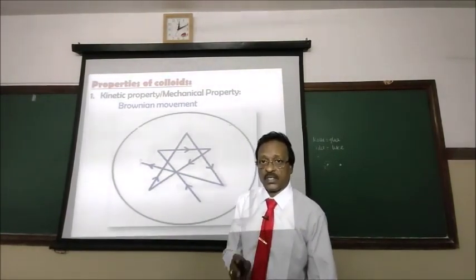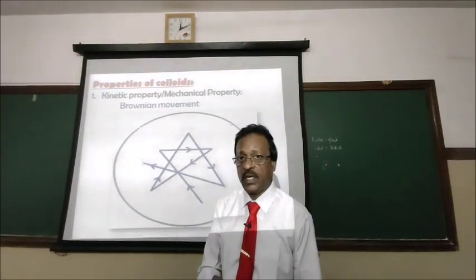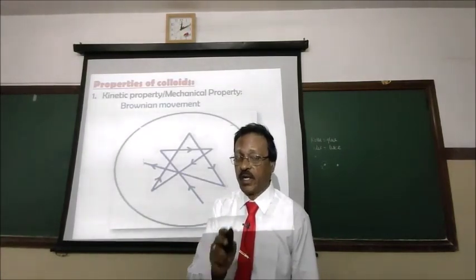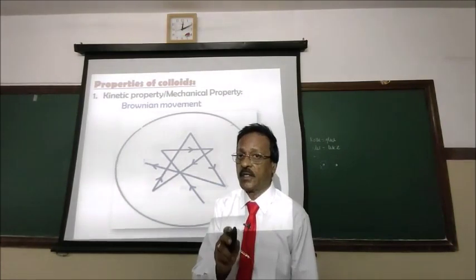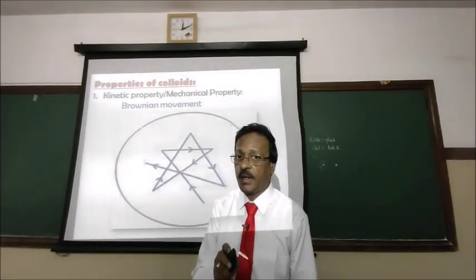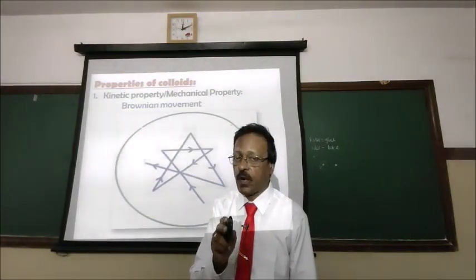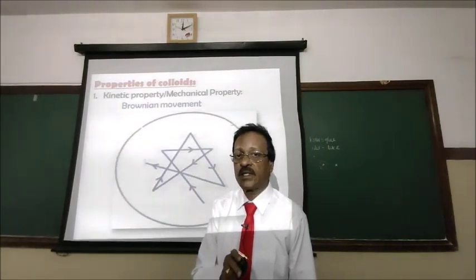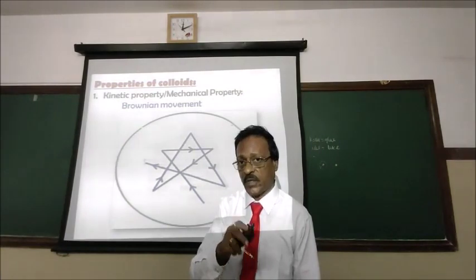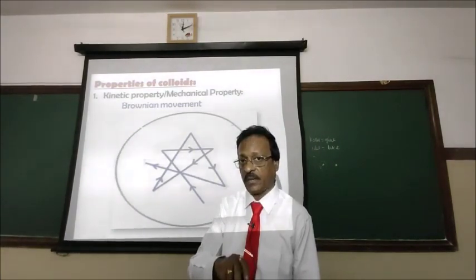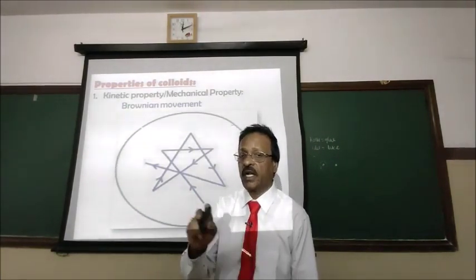Zigzag, non-stop, and continuous movement of the colloidal particles in the dispersion medium is called Brownian movement. This Brownian movement is an example of kinetic property. Where do these particles get the kinetic energy? From the continuous collision of the molecules of the dispersion medium with the colloidal particles.